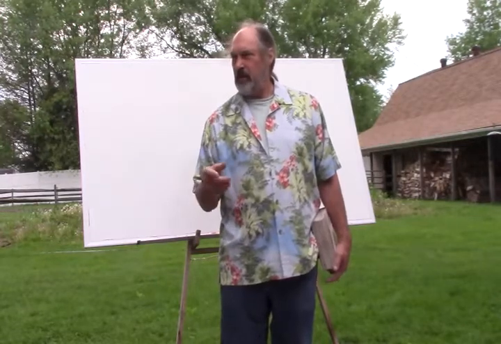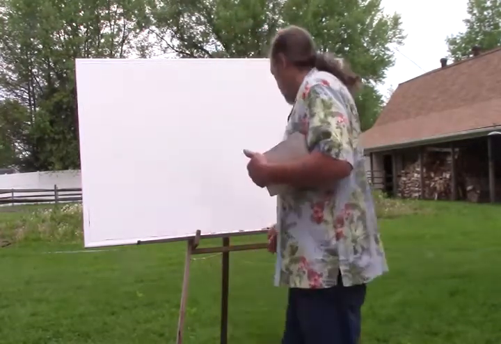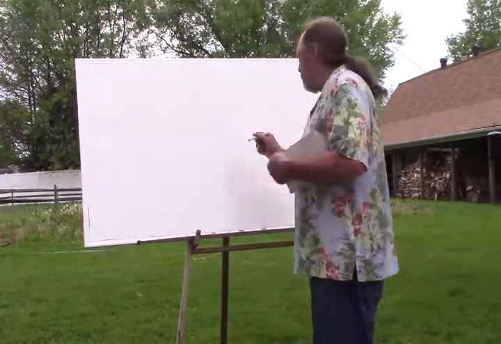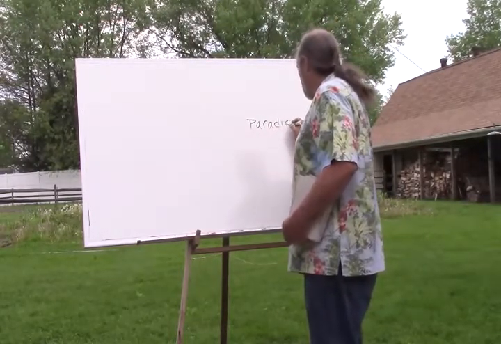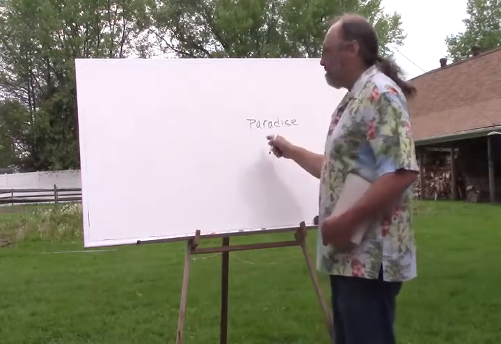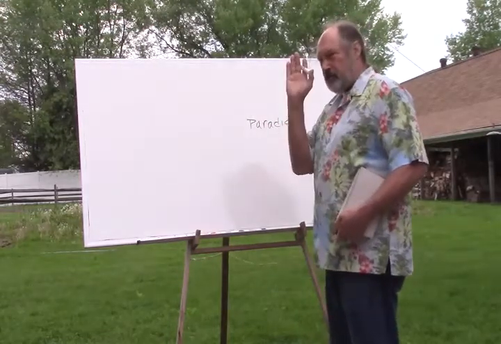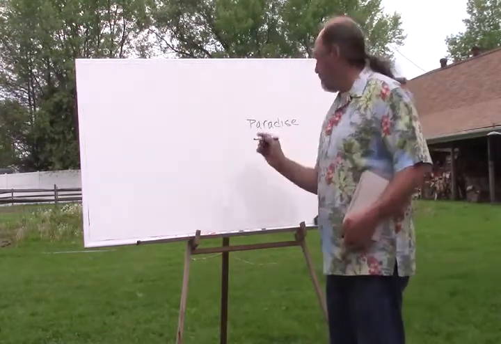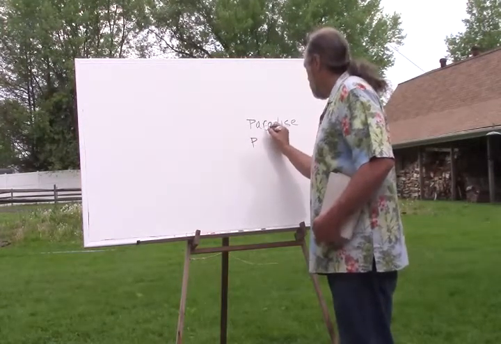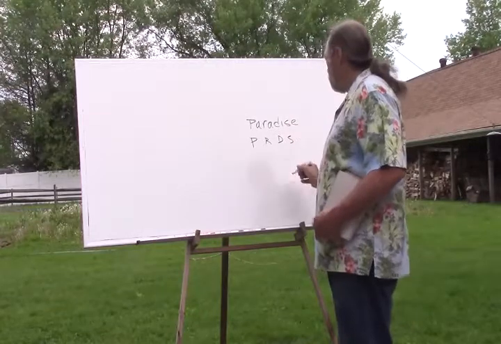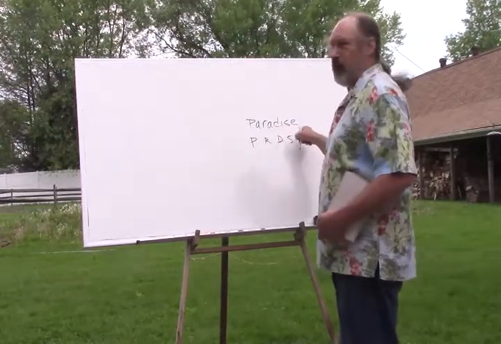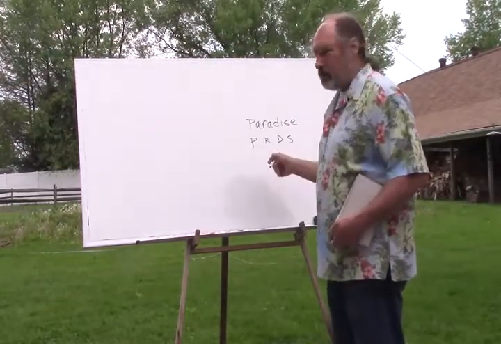You don't know what that means? Paradise. Okay, so in English we have the word paradise, and you could say that the consonantal fixtures are P, R, D, and S. In between are vowels. That's the structure of the English language.